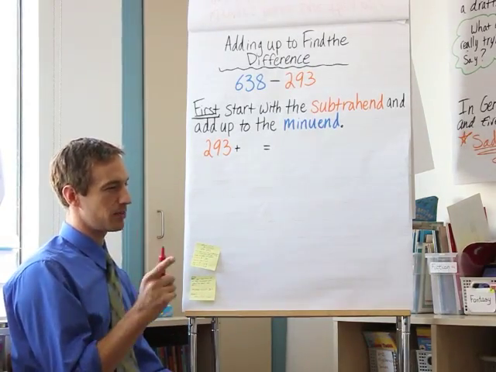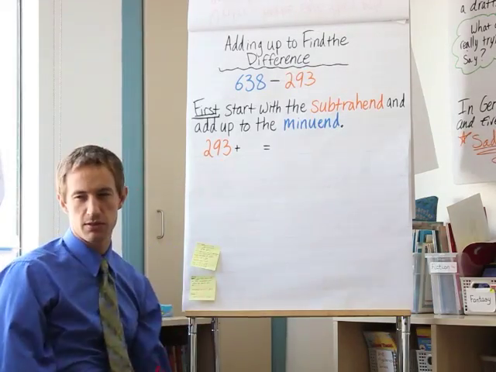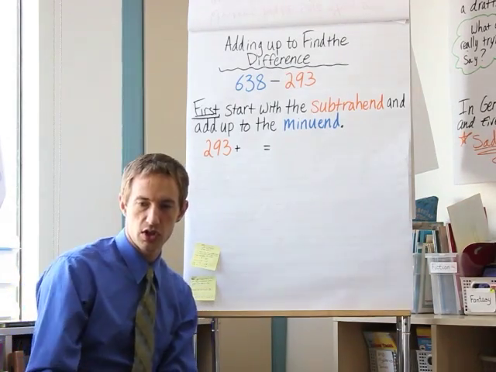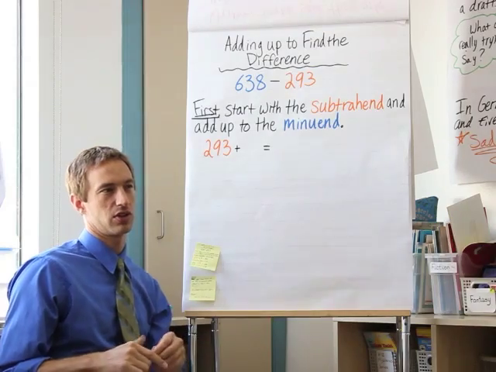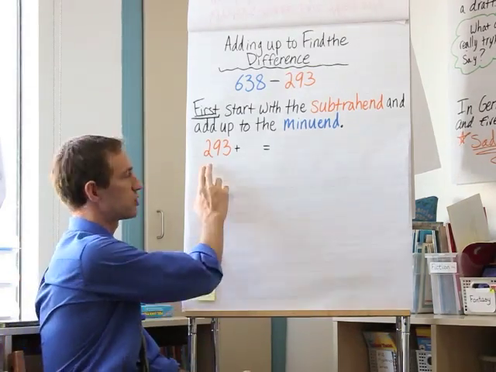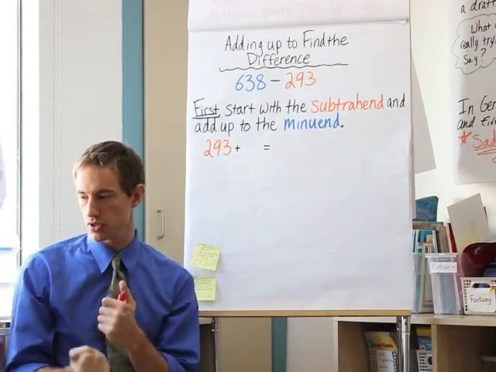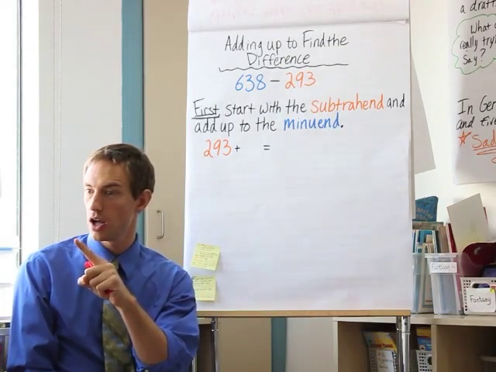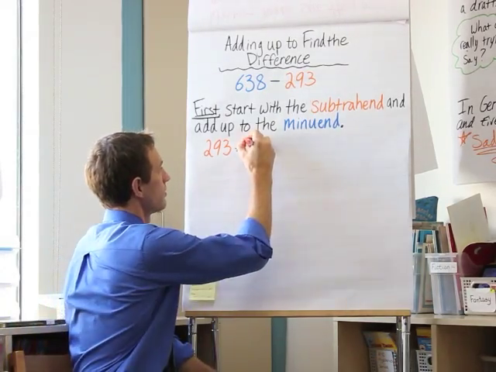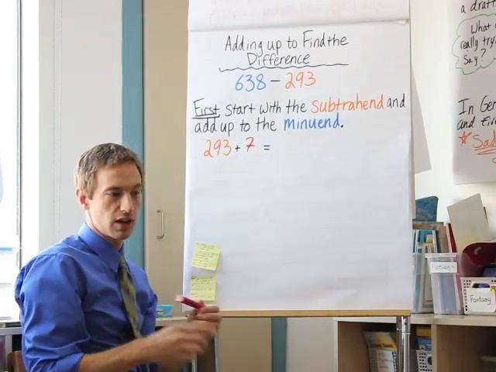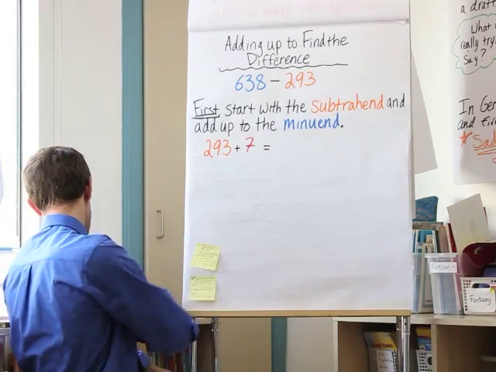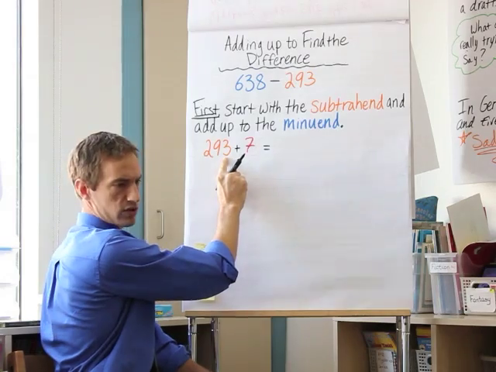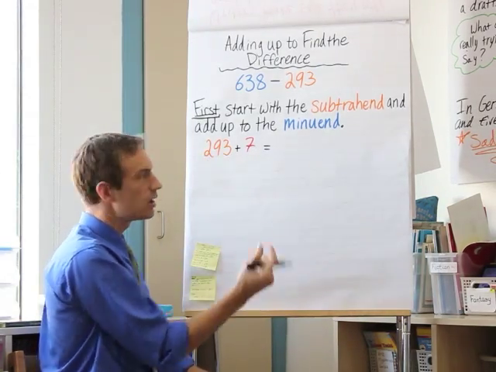I need to add something to 293 to make it nice and round. I need to add a number to 293 to make it a round number. I'm going to add 7 to 293 to get, 7 plus 3 gives me 10.